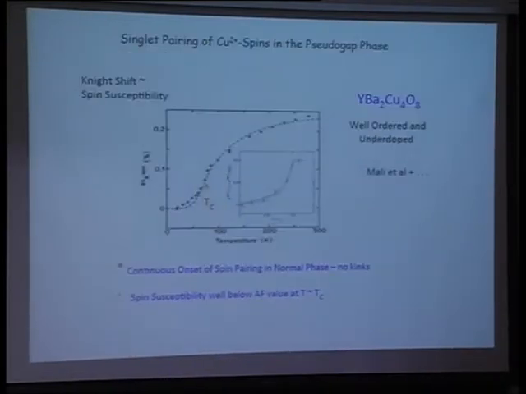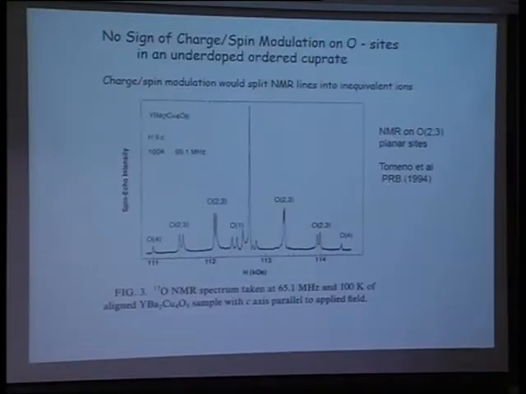For example, this is NMR on the 124 or 248 that was shown on one of the graphs in the previous talk. And here you can see the different oxygen lines.